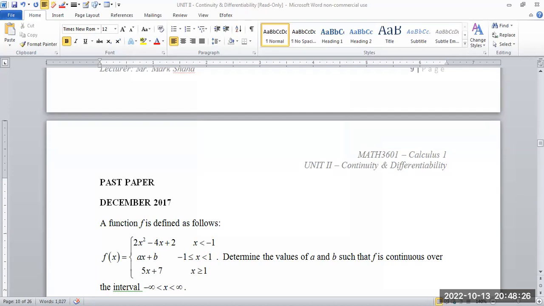If it is continuous over all the intervals, it means that to the right of 1, where we evaluate the limit to be 12, ax plus b to the left of 1 must also equal 12, because the limits must be equal in order for it to be continuous.